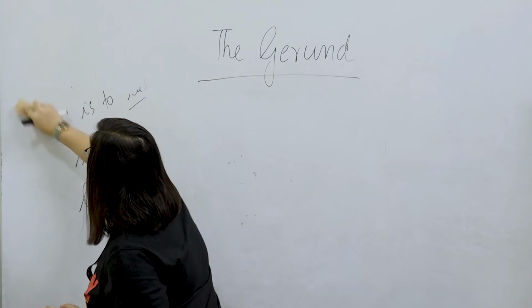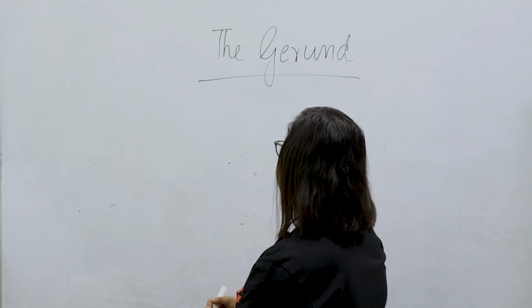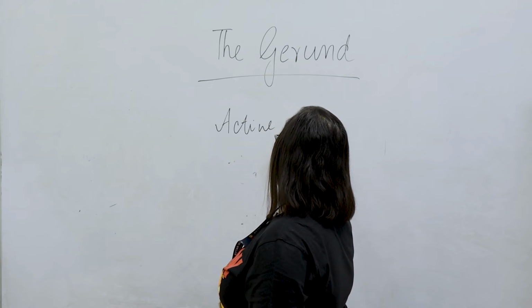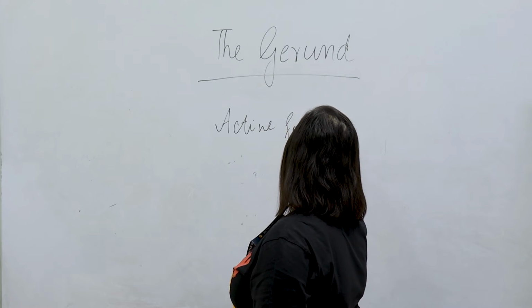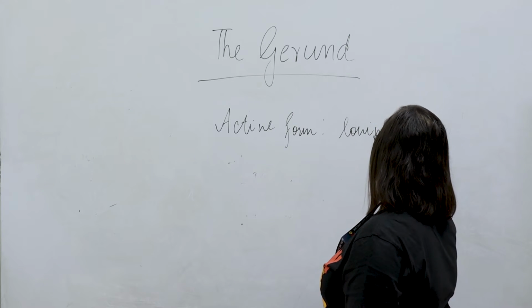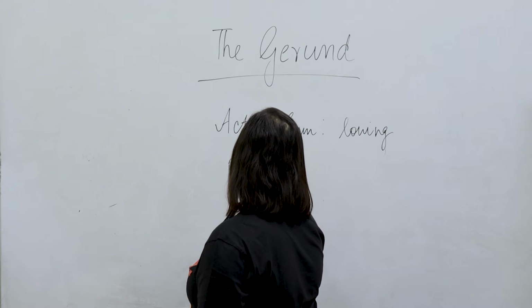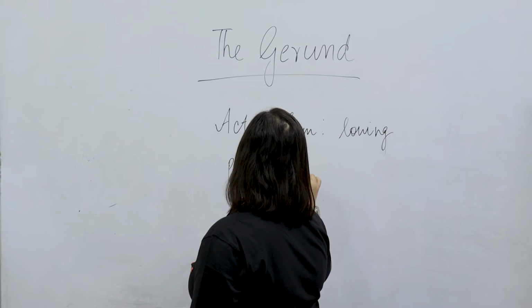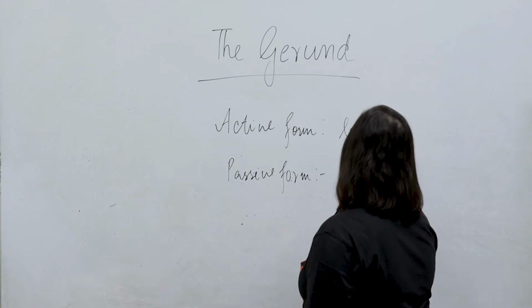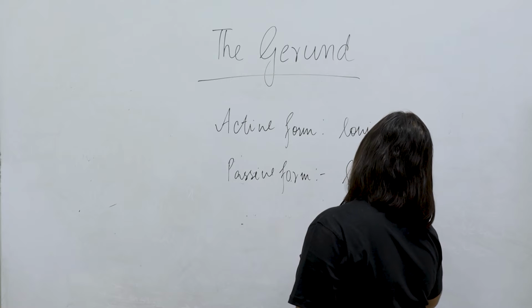So we'll see how in the active form, if we are using the word loving, and if we take that in the passive form, it would be having loved.